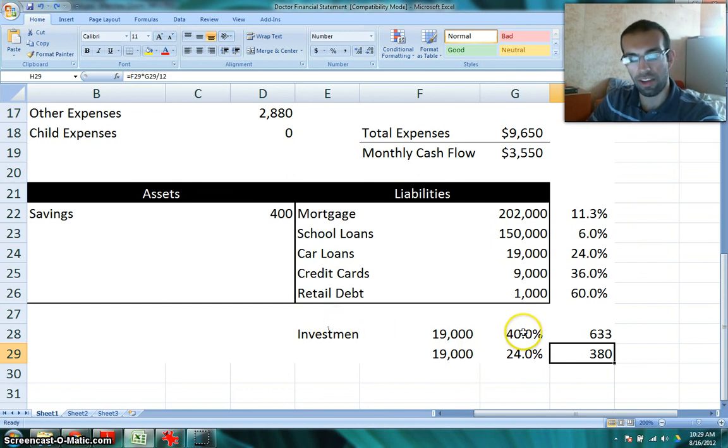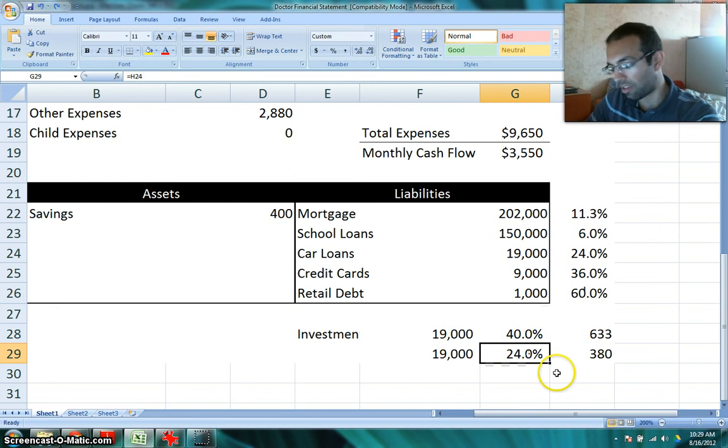The way to look at it is to look at the return on the investment and compare it with the return on the loan. Now let's say that instead the loan's interest rate was 60%, like this retail debt.